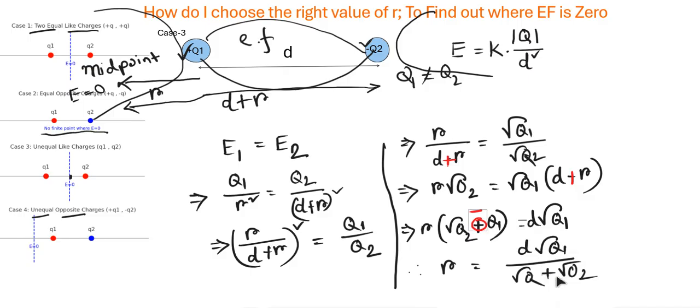So if we write down the lower value, as this is negative, this will be square root of Q2 minus square root of Q1. So obviously outside, and if we plug in the values of D, Q1, Q2, then we'll definitely find a definite value of R.